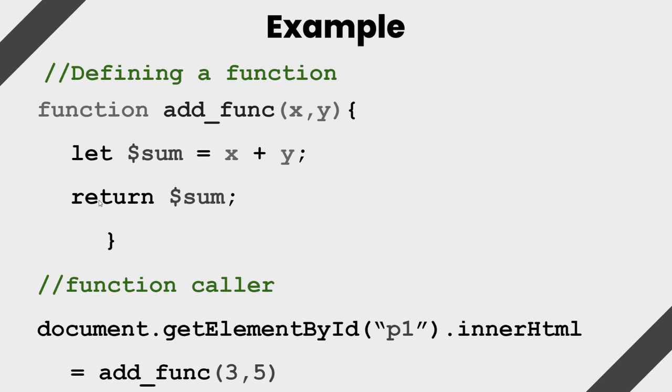But then if you look closely, after this particular let $sum be equals to x plus y, it is followed by saying return $sum. So what this will do here is that it's actually going to stop the execution of the program after this line. That's exactly on this line.